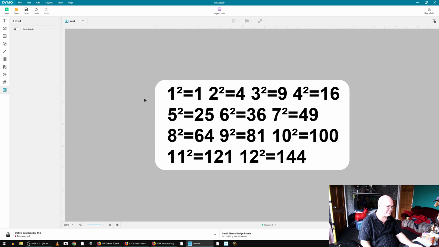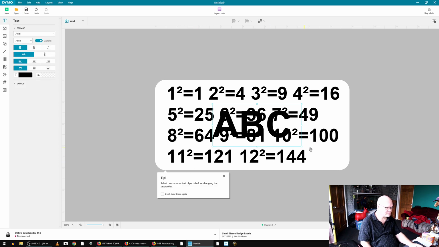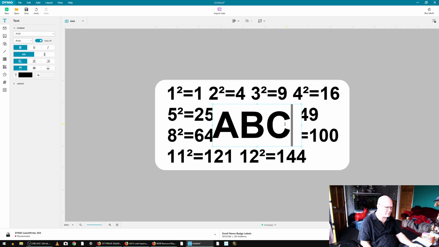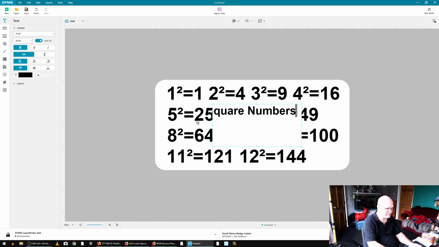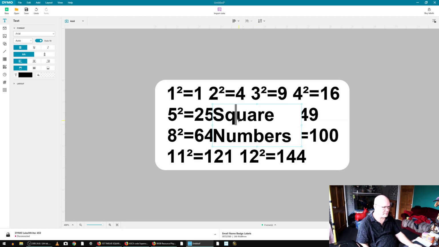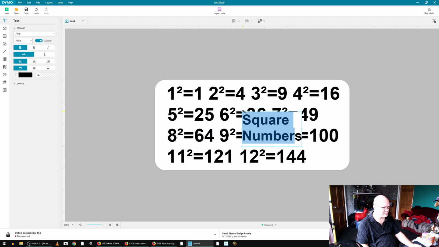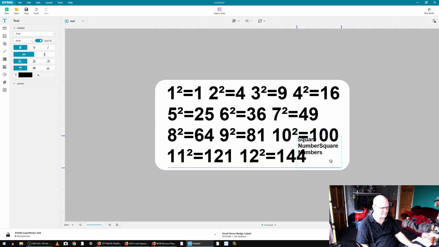Let's do another insert text. Add text. And then we do square numbers. I can stick that right down there. Oh, square numbers.